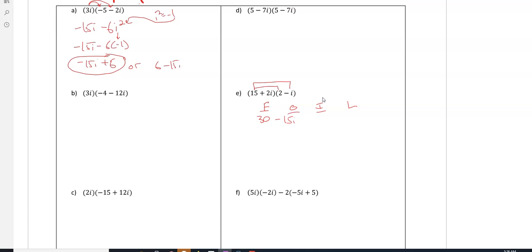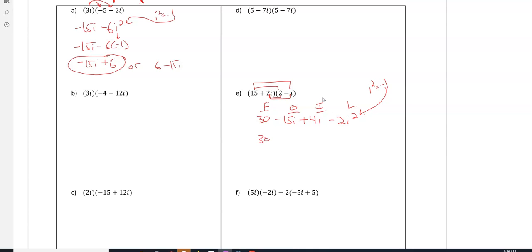Inside, 2i times 2 is positive 4i. All right, and then last, 2i times -i is -2i squared. And remember, i squared is -1. So I'm going to plug in -1 for i squared and start combining like terms.